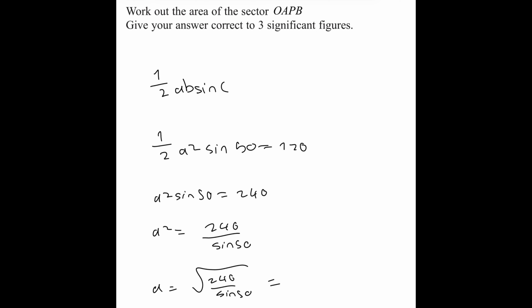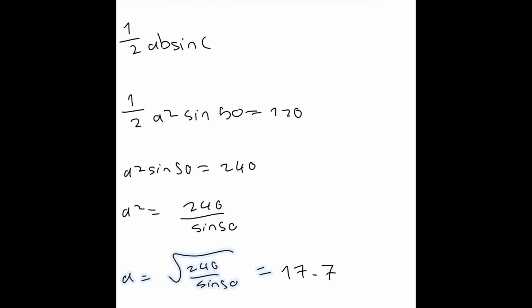put in the calculator, 17.7. We're not done yet. Okay, just write that 17.7, and that's not the area, the radius, sorry. So now we just put it into the equation. 50 over 360 multiplied by pi, 17.7 squared.